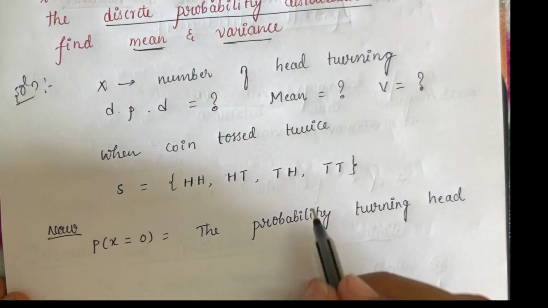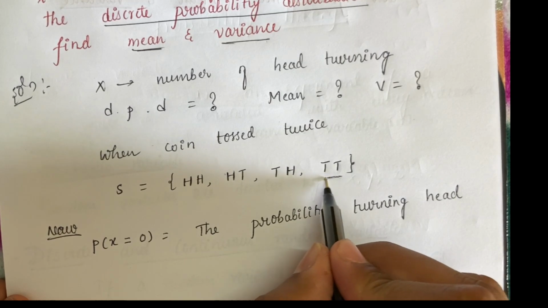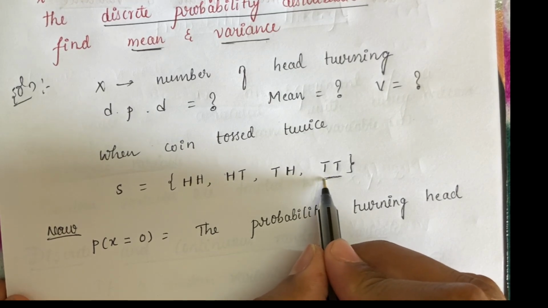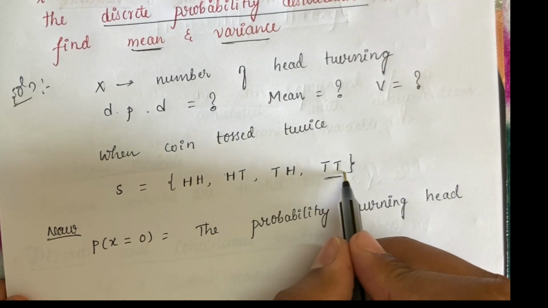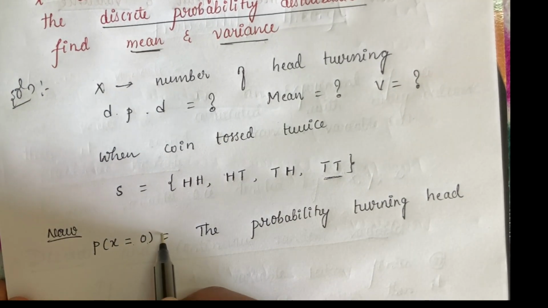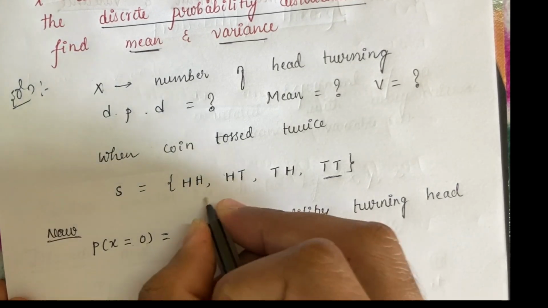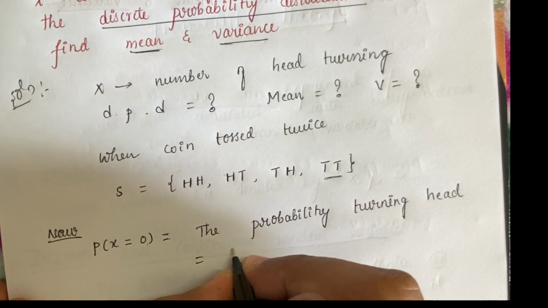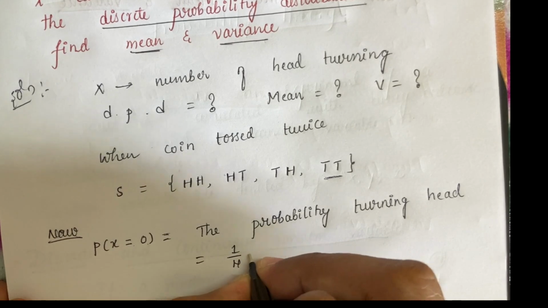When we toss a coin twice, we get tail tail, which is one possibility. There is no head at all. So that is given by, out of 4 possibilities, 1 divided by 4. That is tail.